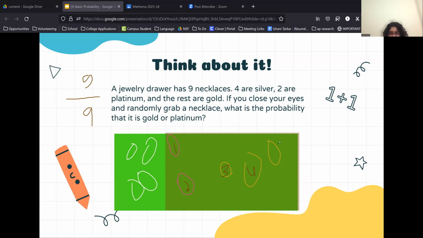And the total number of unwanted outcomes are 6, 7, 8, 9. So there are 9 total, out of which we choose 5.